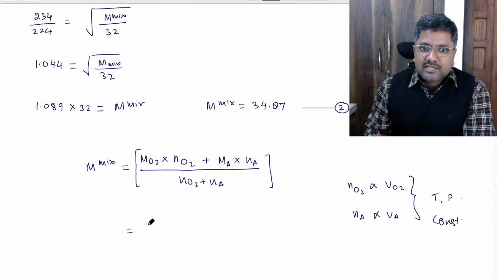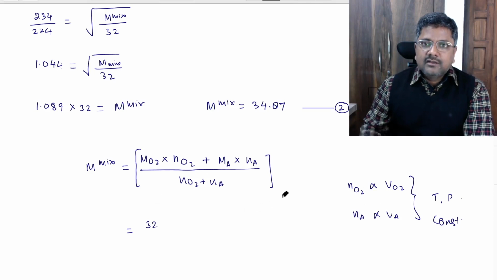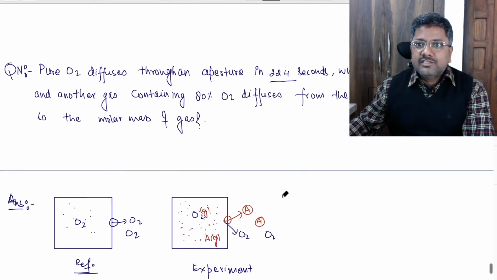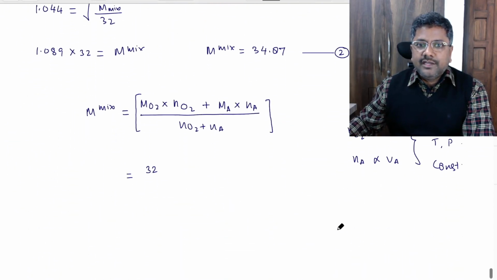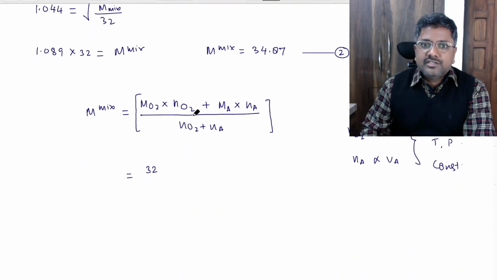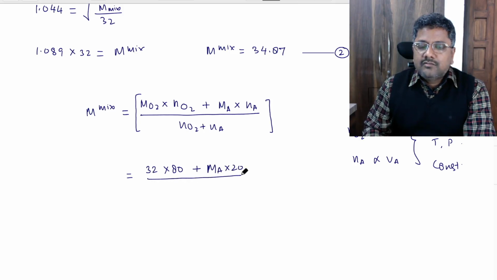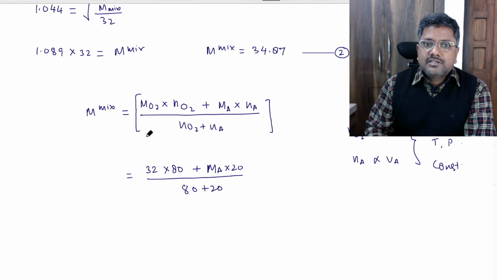So molar mass of O2 is 32, and how much percentage of oxygen is given? 80% oxygen, so 80% volume percent of oxygen. So here, 32 into 80 plus molar mass of A into 20, whole divided by 80 plus 20, and this is equal to 34.87.